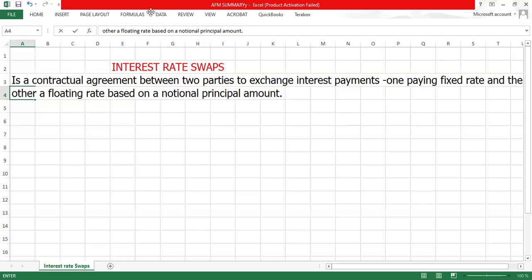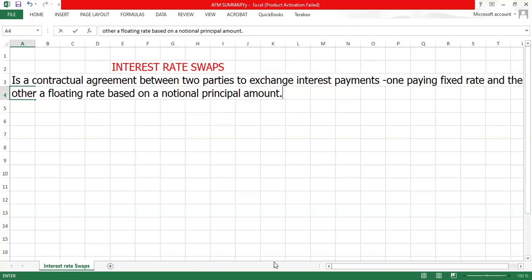So remember, your aim as two parties is to minimize the exposure. These interest rates keep on increasing, or maybe they may decrease, depending. So you enter into an arrangement saying, okay, on my loan I am paying interest at a fixed rate, while you may be paying interest at a variable rate.